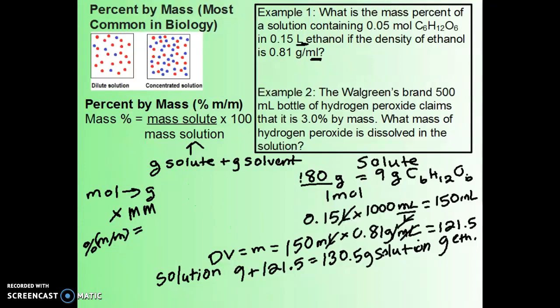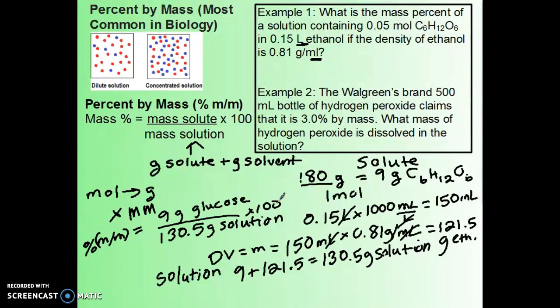It is equal to our 9 grams of glucose, our solute, over the 130.5 gram solution times 100.